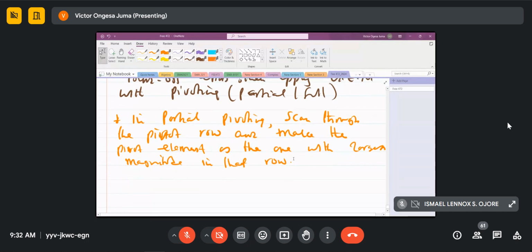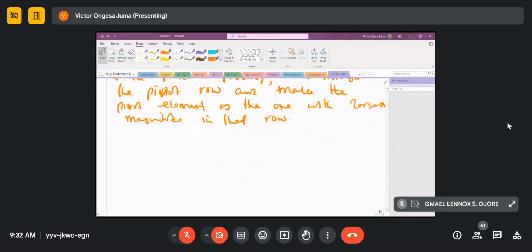And then you swap. So for example, if I give you, I will not solve because everything remains the same as the Gaussian elimination method. So the only thing is that here you pivot, you change. So for example, if you have the system 1, 4, 1, let me just write the matrix only, not the system. So you can just solve the system. And then I have 1.6 and I have 27.1.